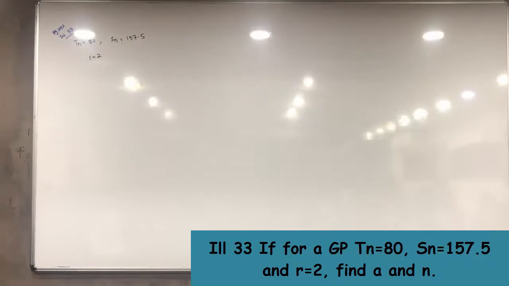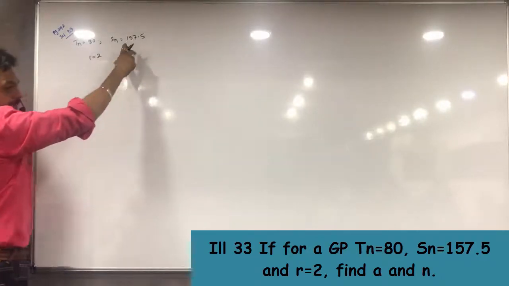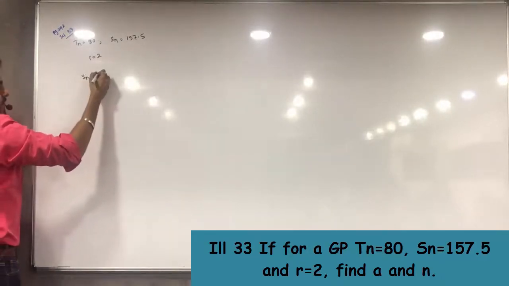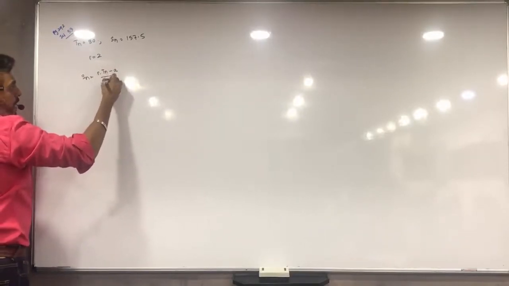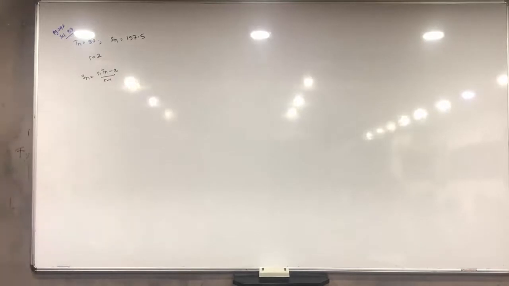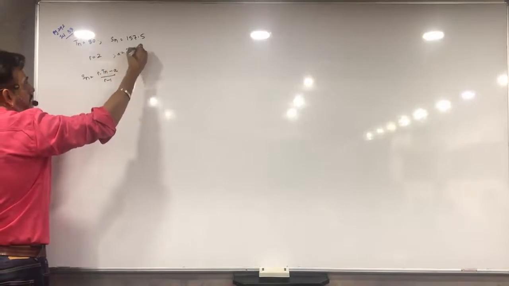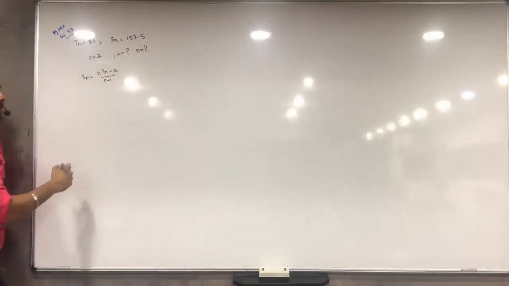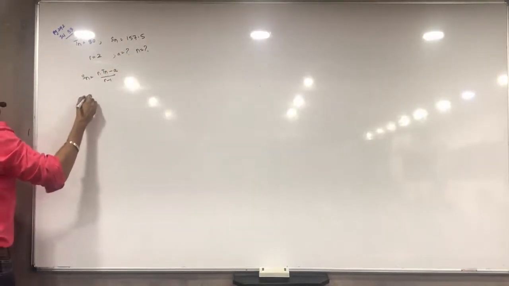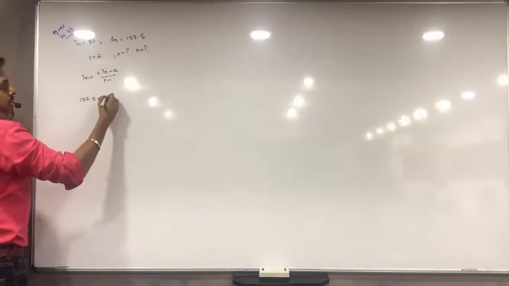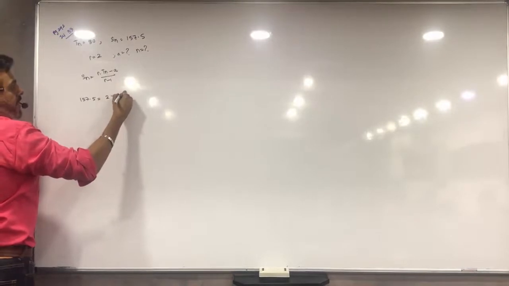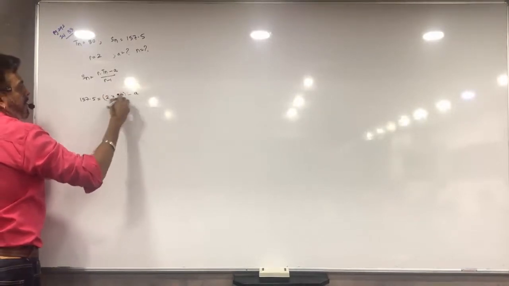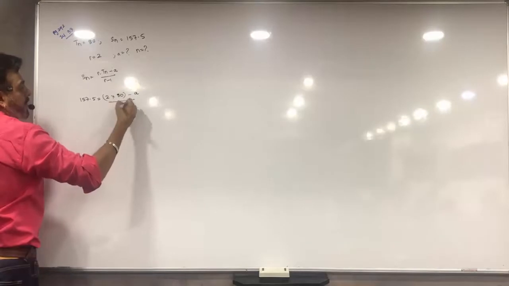Now since Tn and Sn is given, we use the formula Sn is equal to (R into Tn minus A) upon (R minus 1). Now what we have to find over here? We have to find A and we have to find N. Now we substitute 157.5 is equal to (2 into 80 minus A) upon (2 minus 1).